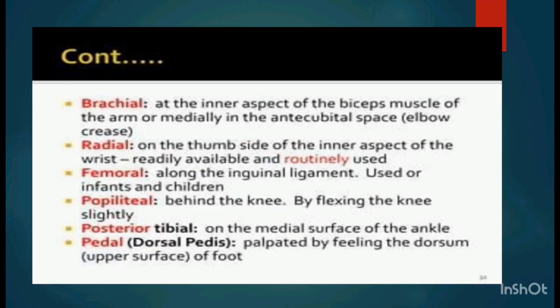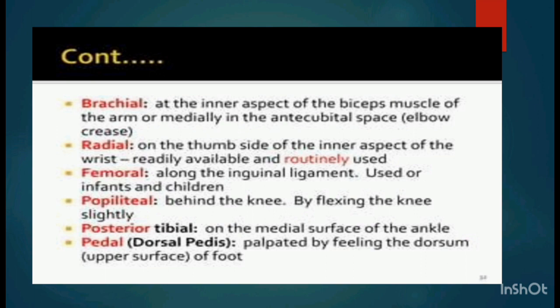assessment. In continuation, brachial pulse at the inner aspect of the biceps muscle of the arm, or medially in the antecubital space below the elbow creases. In radial, on the thumb side of the inner aspect of the wrist, readily available and routinely used.